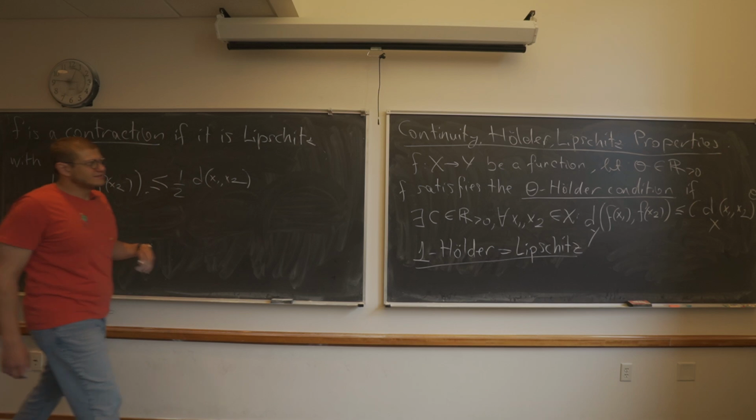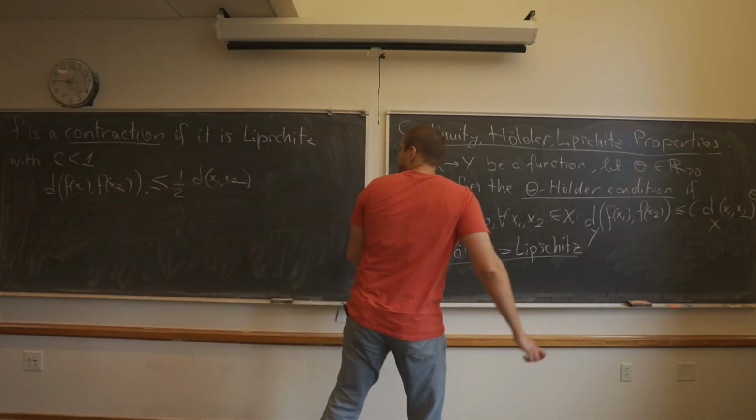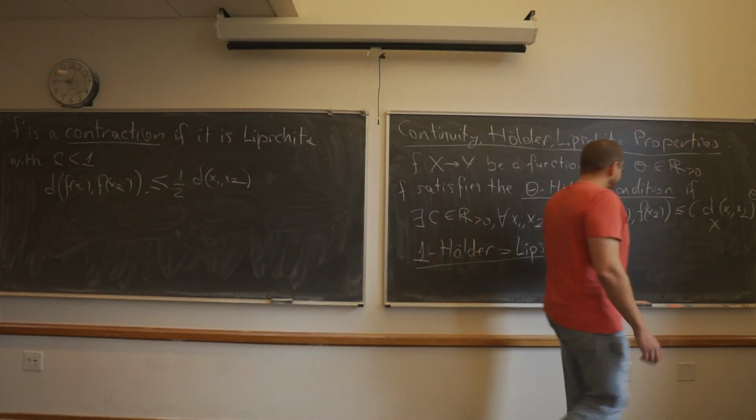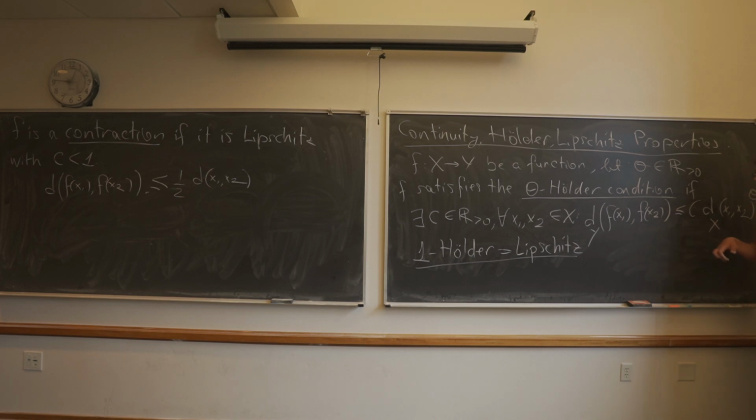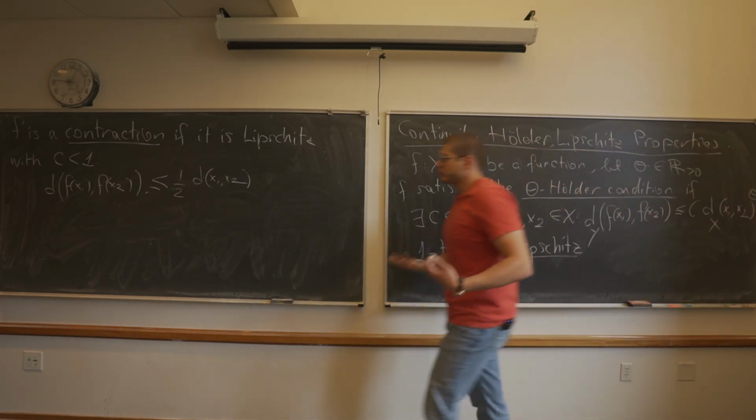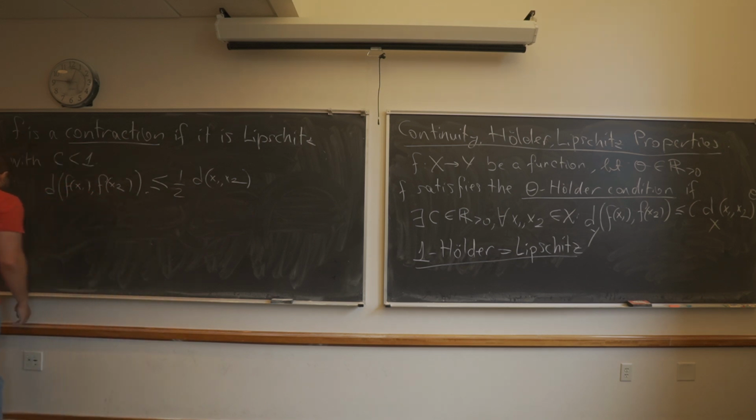f is called distance preserving if instead of inequality, you have equality, and C is 1. That's also straightforward, I think. It literally preserves distances, right?